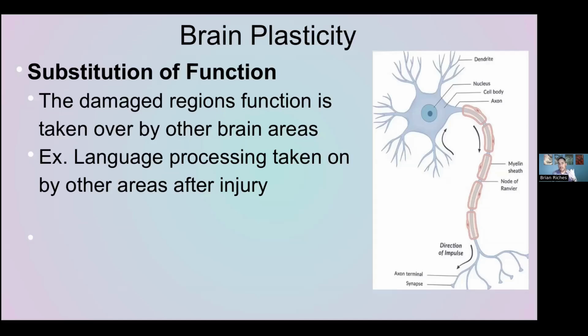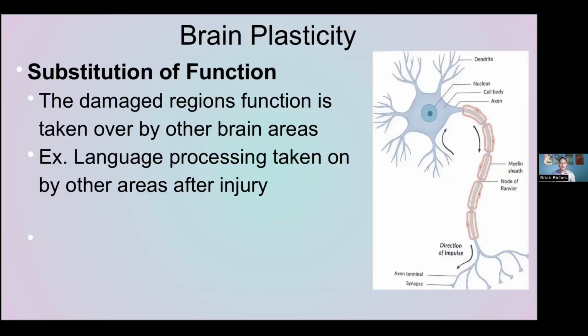But if you have that damaged, other parts of your brain are part of speech, right? You have to literally move your mouth and tongue. You have to be paying attention to other people. So there are other places in the brain that are part of that network, even if they're not close to it. Usually it's some part nearby or some part of that network, even if it's on the whole other side of the brain, that can substitute and take on those functions. That substitution of function is a really dramatic example of brain plasticity.